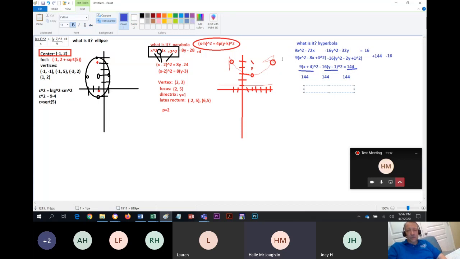It's over 16. You've done this enough times, you know those now. X plus 4 squared divided by 16, and then minus what? Y minus 1 squared over 9. That equals 1.